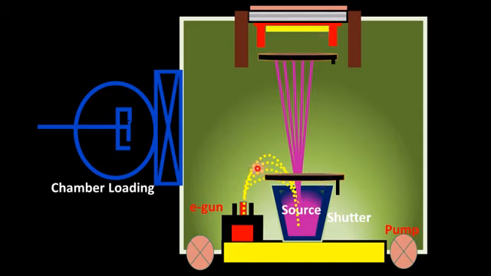Both these shutters are electronically connected with a microprocessor, and they control both the evaporated material from the source material and the interaction of the source material onto the substrate. In this way, this technique gives us the window of opportunity to deposit the film at the molecular level.